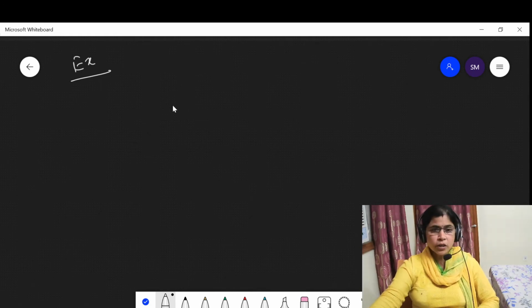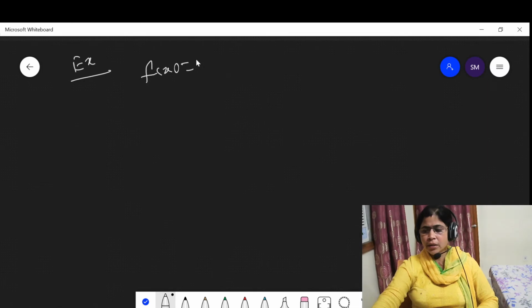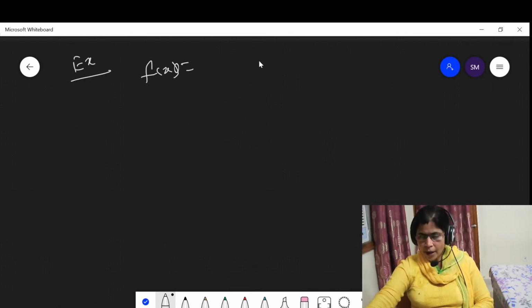Here the question is given, the polynomial is given here, f(x) is 2x square plus 5x plus k.